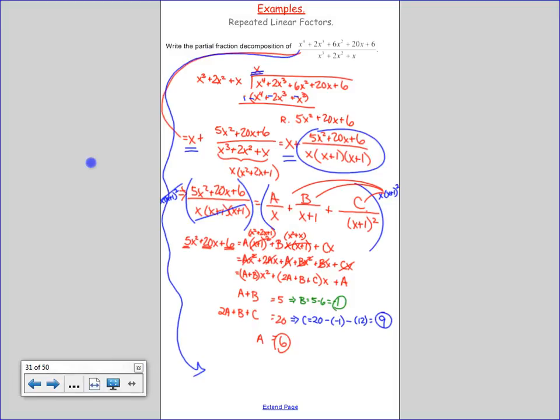That big old thing at the top is going to be equal to a, 6 over x, plus b, negative 1 over x plus 1, plus c, 9 over x plus 1 squared. Am I right? Yes. What did I forget?